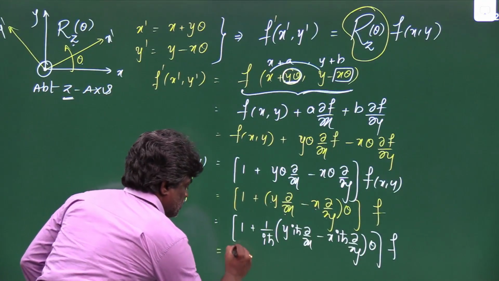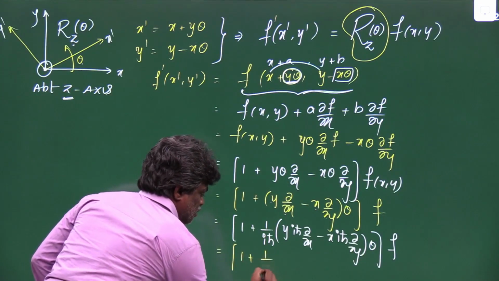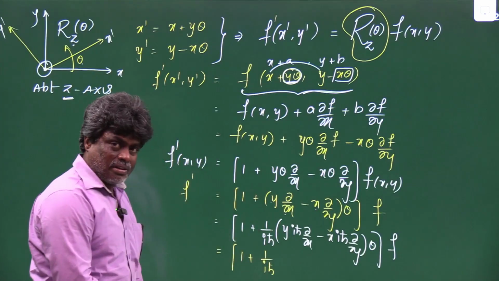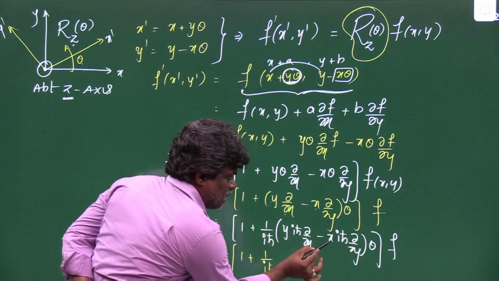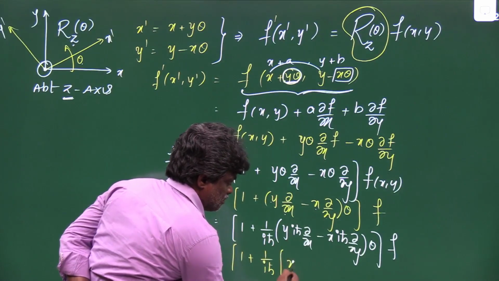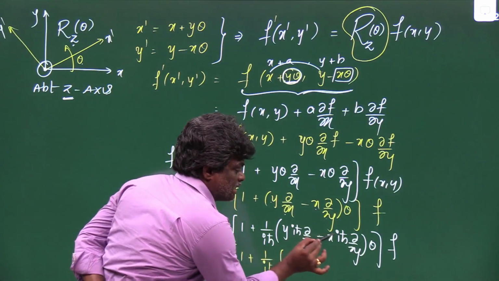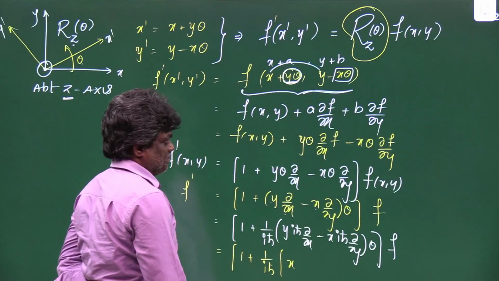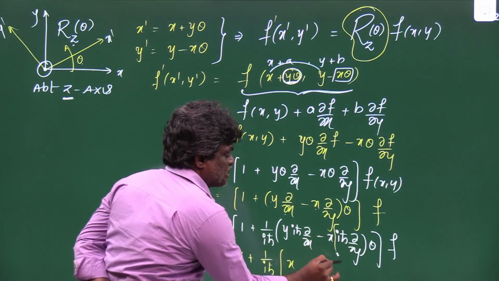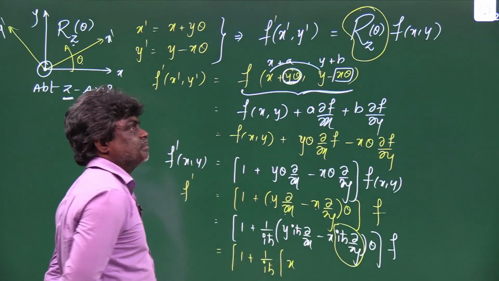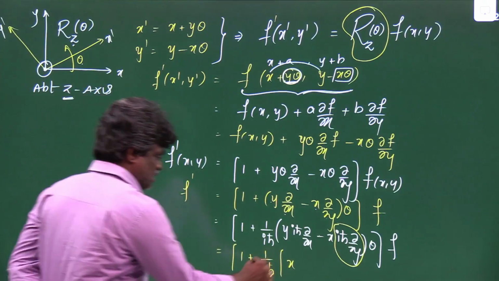Now this is 1 plus, as usual, 1 by i h cross, as usual. Now see carefully. I am writing x here. Now I am writing this minus here, then minus i h cross del by del y. What is that? It is Py. That's it.